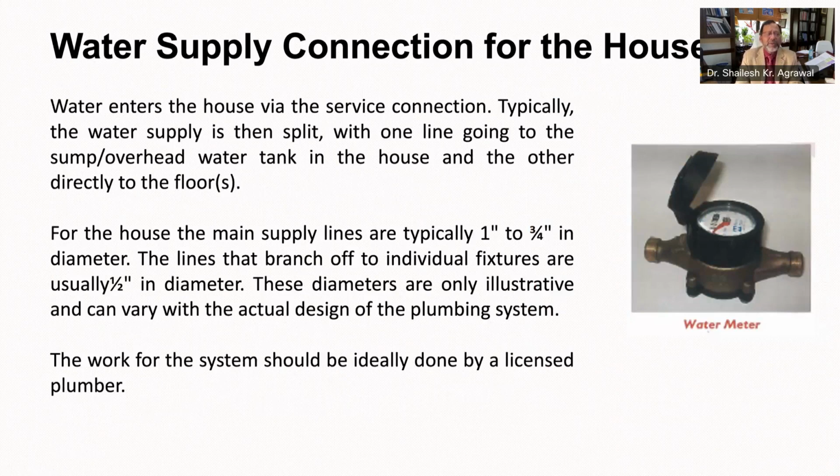For the house, the main supply lines are typically 1 inch to 3/4 inch in diameter. The lines that branch off to individual fixtures are usually 1.5 inch in diameter. These diameters are only illustrative and can vary with the actual design of a plumbing system. The work for the system should ideally be done by a licensed trained plumber.